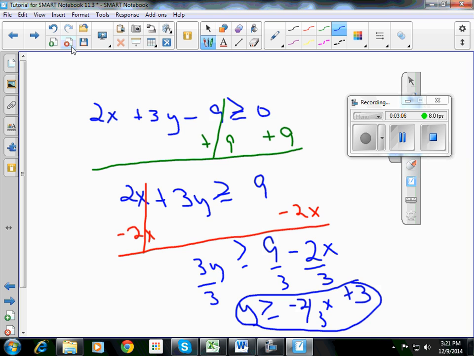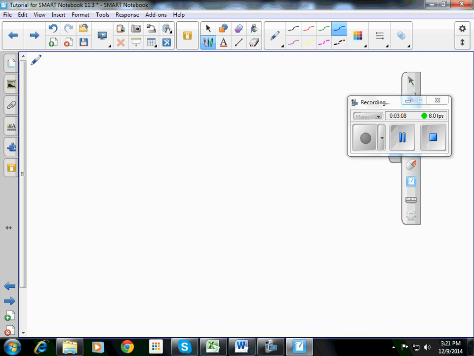Now another thing, what if you have a negative and we want to change the direction of the sign? So it's a problem like this. 3 minus 3x is greater than or equal to 19 minus x. We want the x's on one side and the constants on the other. It doesn't matter what you move.